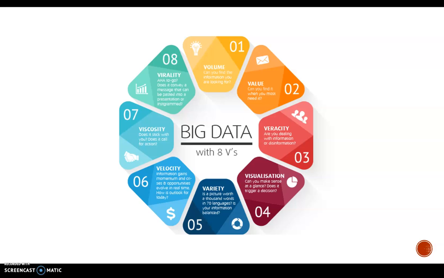We need to look for value in our data. We need veracity. We need to know if the data is true and accurate. We need to be able to visualize our data. We need to know how viscous it is, or does the data stick with records or individuals. And we need to know if it has the potential to go viral. So I think this is a really important thing to remember, and it gives us a great context for talking about data and its aspects.